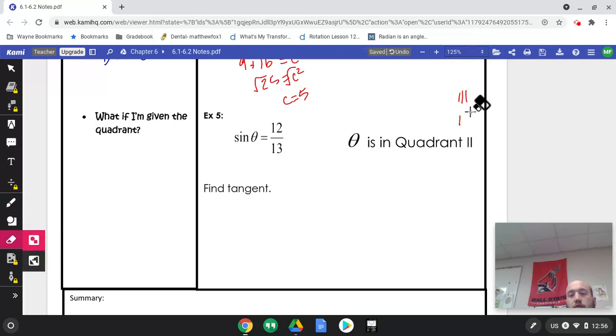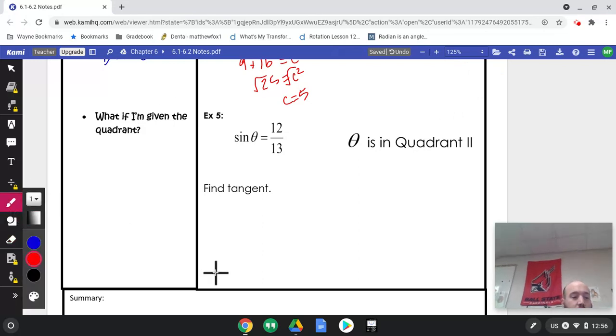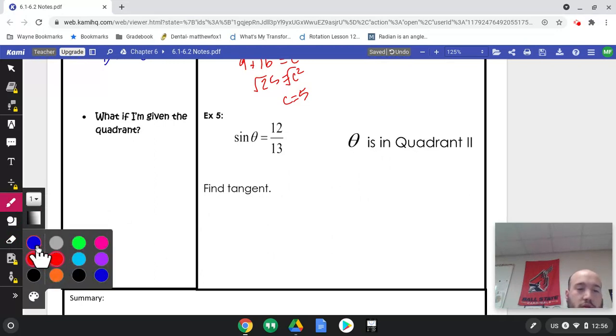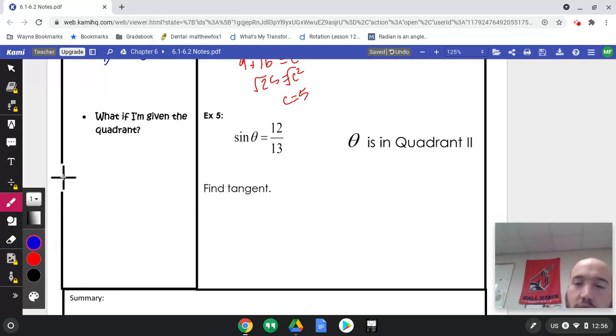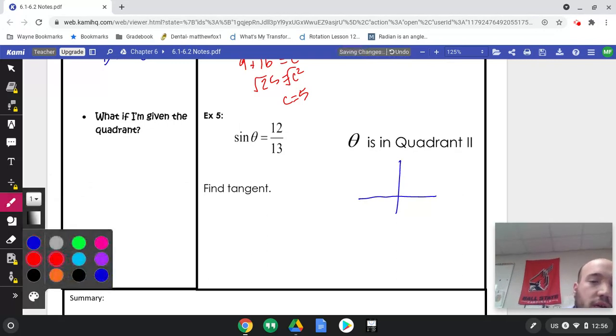Okay, so as we look to draw this now, we know that theta is in quadrant 2. So as I draw my triangle, we know that it is somewhere up here, and that theta is right there.